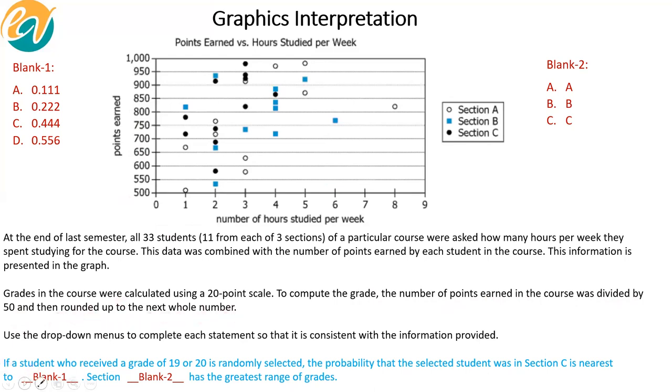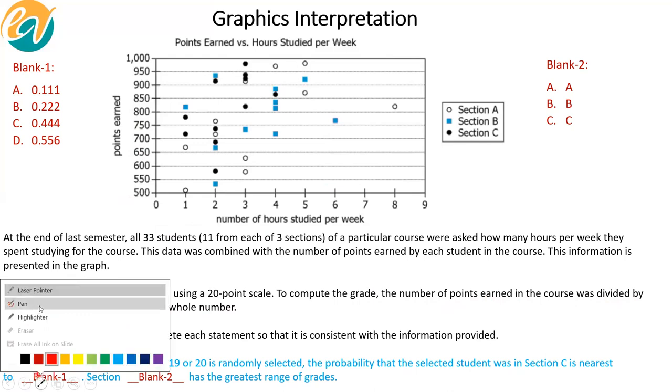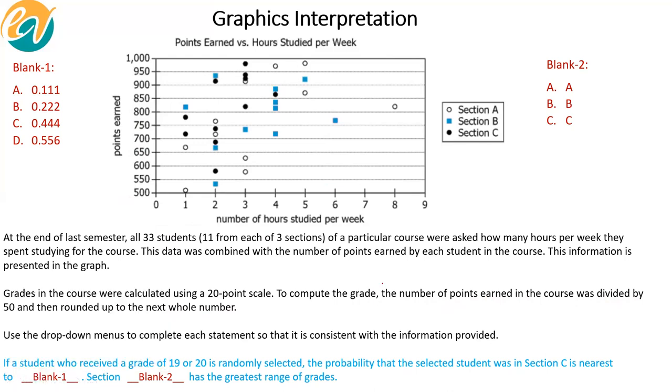Now, this is perhaps the most important thing here. The number of points earned was divided by 50 and then rounded up to the next whole number. So this is the method that was deployed to compute the grade.